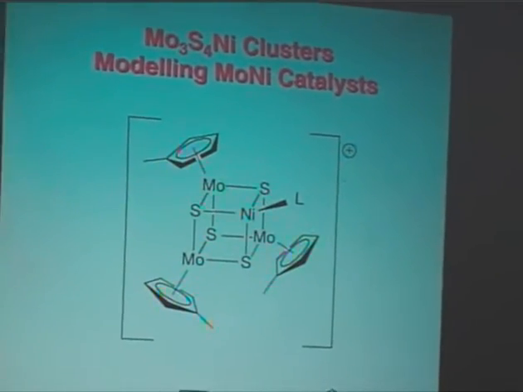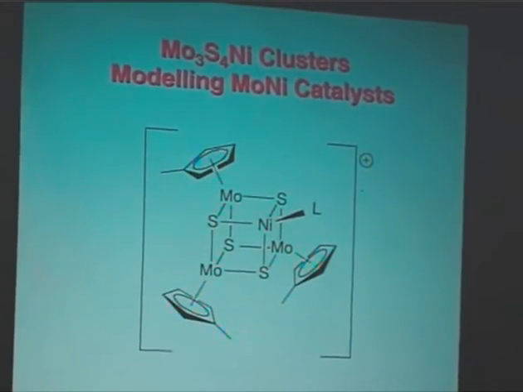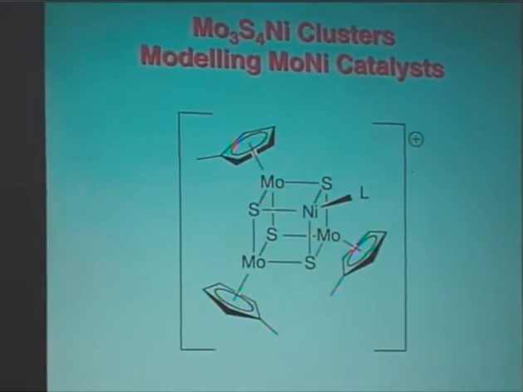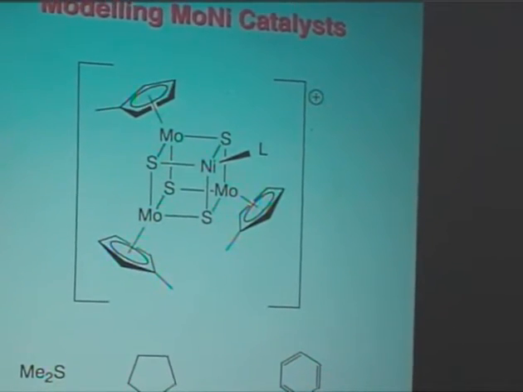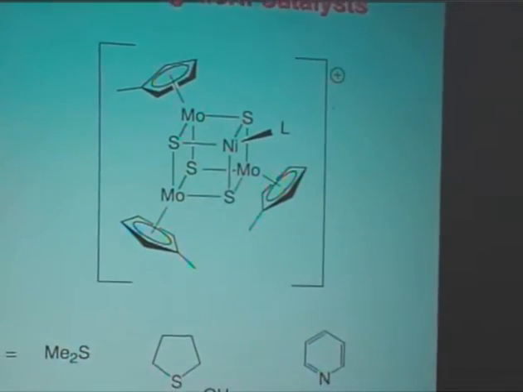Then this cluster material is soluble in organic media, and we could react it with metal alkene compounds. In the case of nickel, we got a reaction with nickel COD and observed indeed the incorporation of a nickel atom in this molybdenum cluster. After that, we could coordinate this series of organosulfur and organonitrogen molecules to the free site at the nickel cluster.